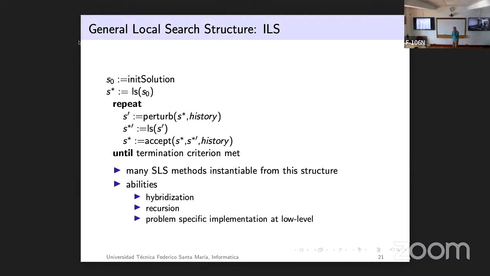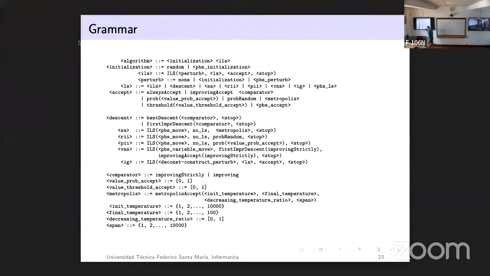And what is the idea behind these grammars? You are using the grammars in order to change parts of a given algorithm? No, in order to generate it. So you start by something. You have to start with an algorithm, and this is the only way you can start. Then you have to do initialization. The initialization can be random, and if you have random here, you're done.